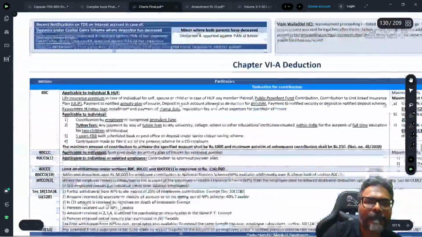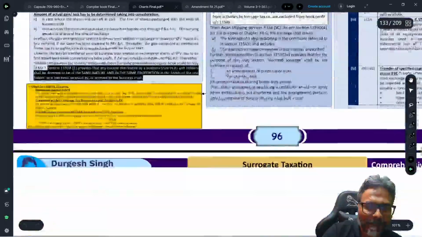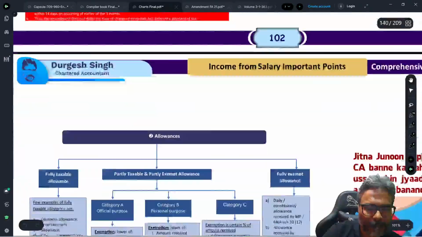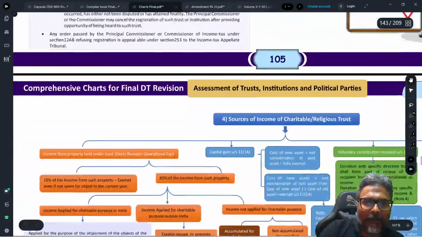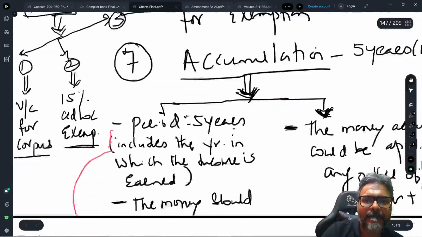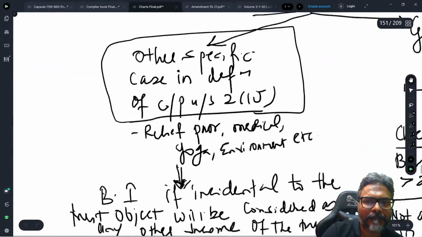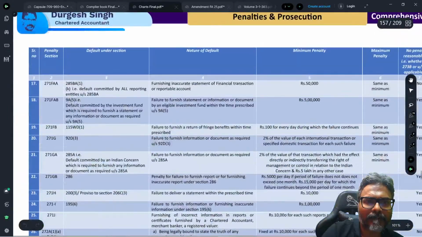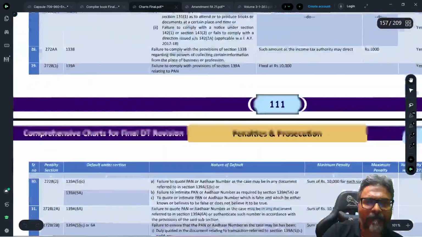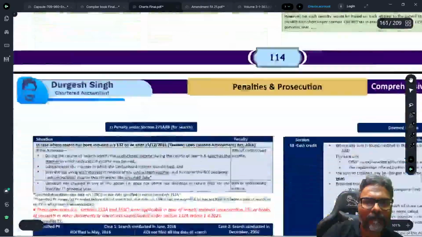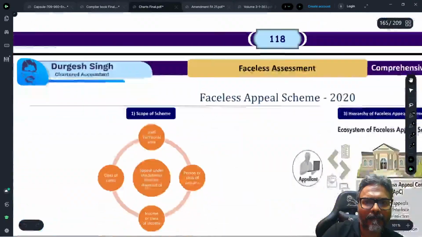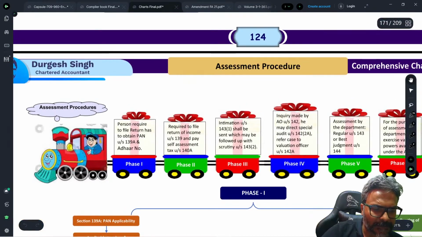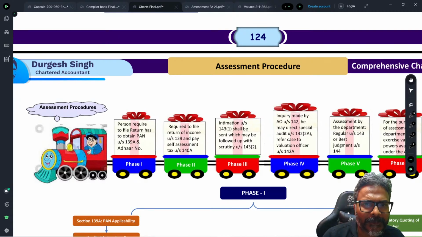So in that particular case, this is the chart which we are going to use, chart number 124. From there onwards, the assessment procedure begins.